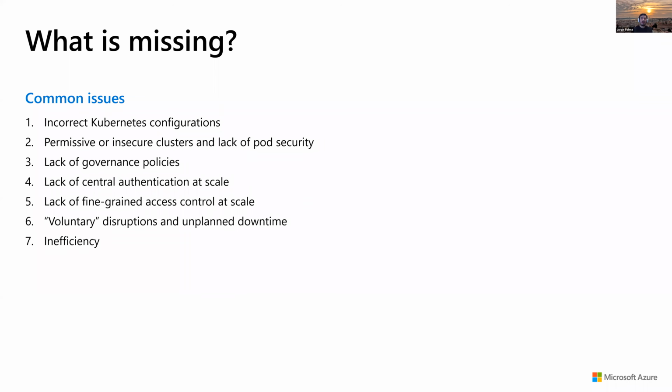And tied to that is a lack of central authentication and access control at scale. Kubernetes already provides you with the knobs and the actual plugs to get in, for example, central authentication directories. It already provides you with Kubernetes RBAC.